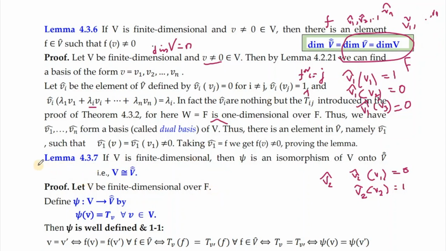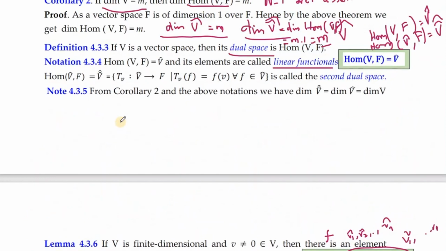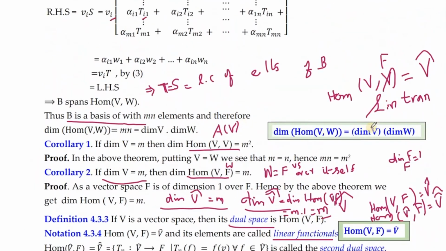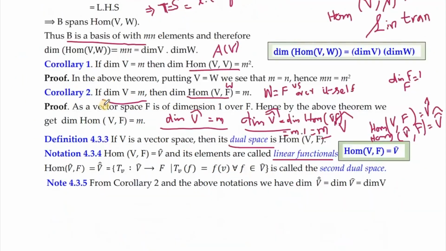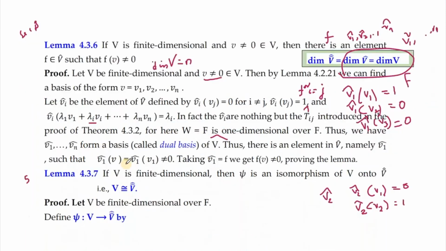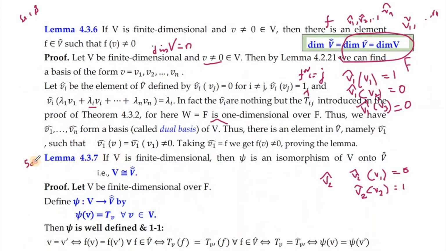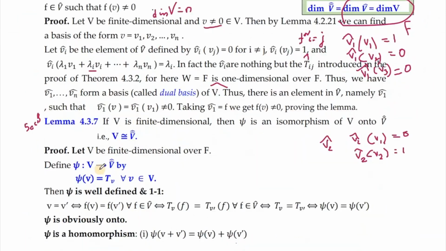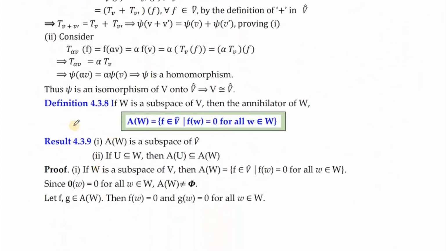Next we have this lemma. This is a 5 marks question. The dimension of Hom(V, W) is m into n is a section C question, and this is a section B question. This one they have asked, and even this is a section B question, and even the annihilator of W, that is what we are going to have.